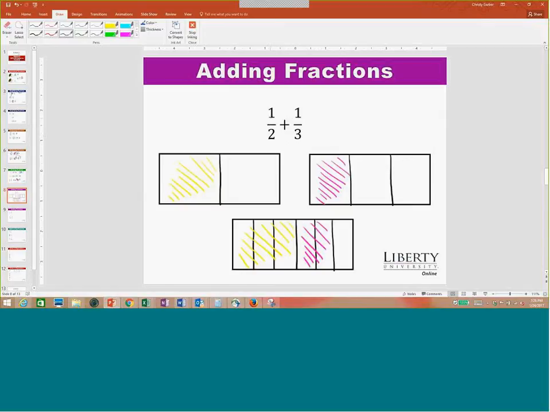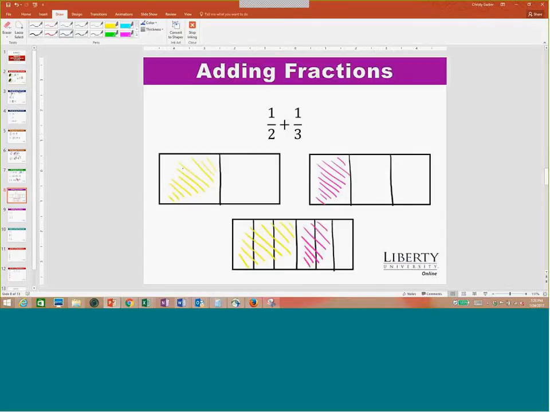Here we have 1 part of something that's divided into 2 equal parts, and we're going to add 1 part of something that's divided into 3 equal parts. So we're not adding things that are alike. So what we need to do is find out how we can change these fractions so that they will be alike. So I've got a rectangle represented here, and this big rectangle is divided into 2 equal parts.